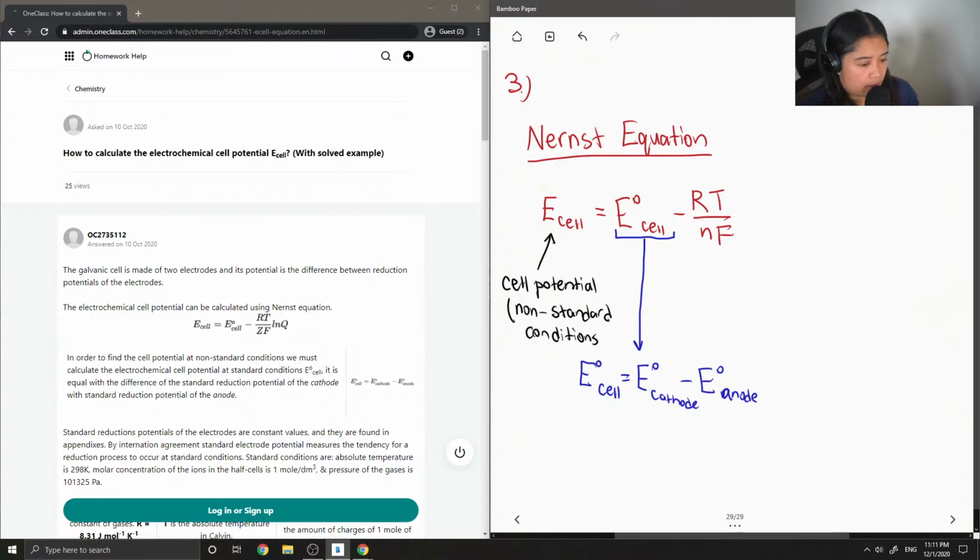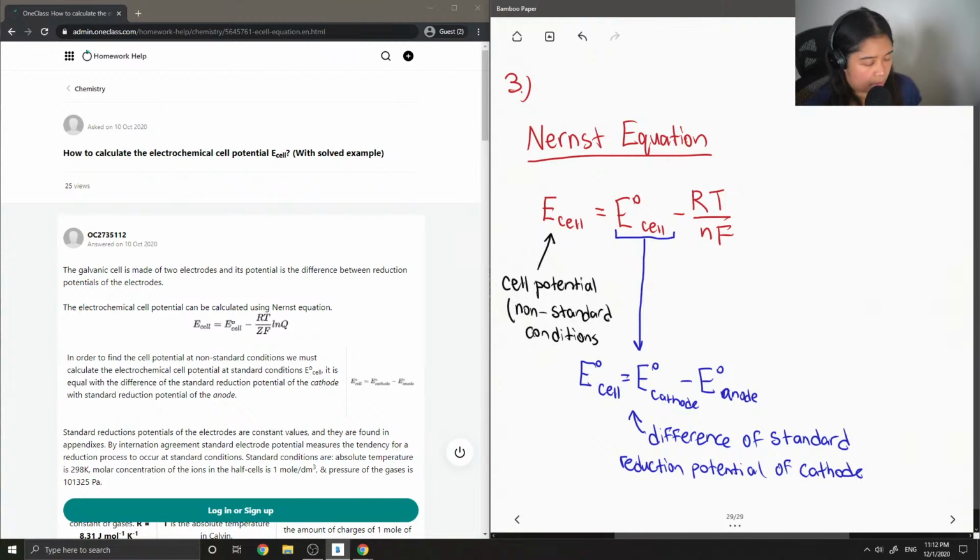Okay, so E cell is the difference of standard reduction potential of the cathode with the anode. So it's pretty much the difference between the two.